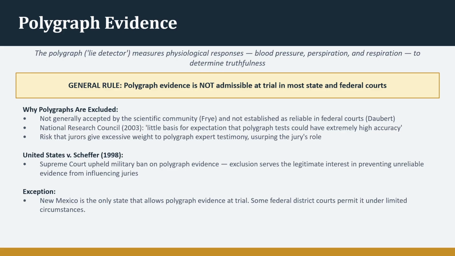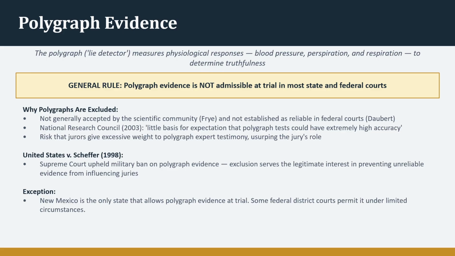The most authoritative assessment came from the National Research Council of the National Academy of Sciences in 2003, which conducted a comprehensive review of the polygraph literature and concluded that there is little basis for the expectation that a polygraph test could have extremely high accuracy.